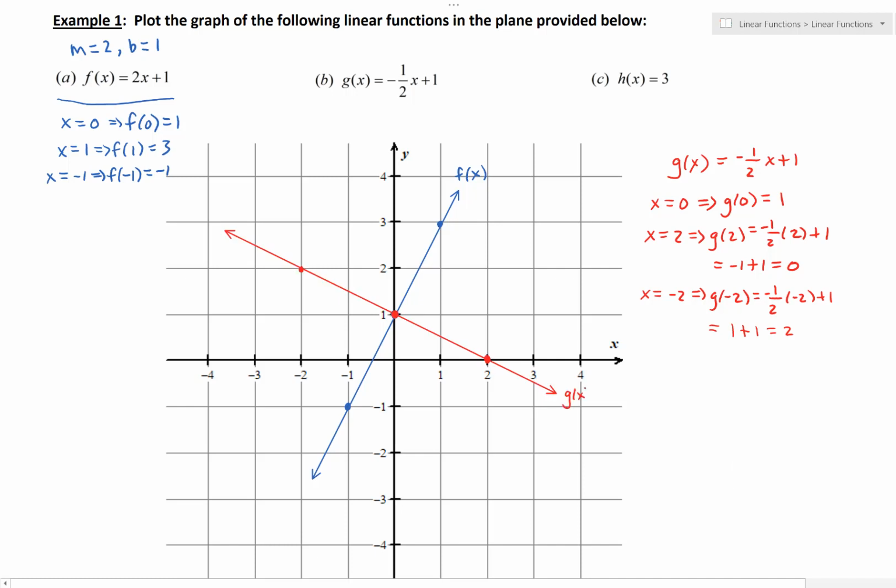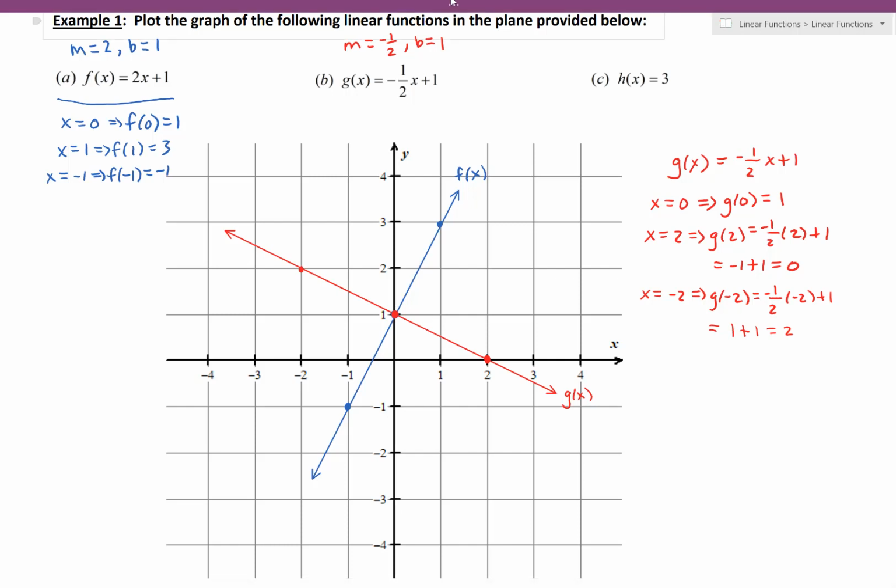Now notice, again, the general form mx plus b, for g, m was equal to -1/2 and b was equal to 1. The meaning behind this m value and b value we're going to discuss, but right now we're just verifying what they are and identifying them. All right, so we got two different lines so far.